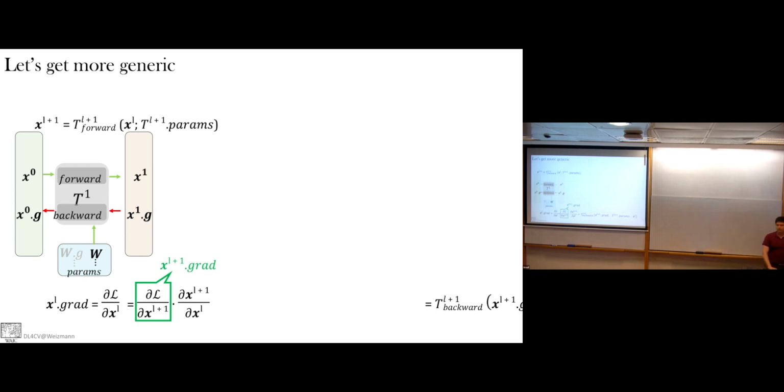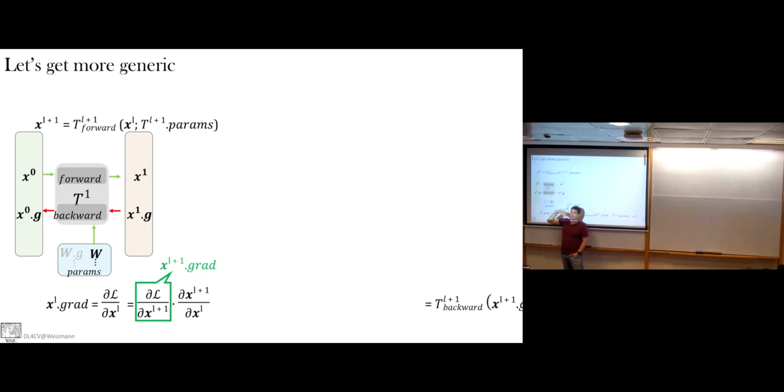Why will it depend on XL? Because sometimes, think about it as the gradient, you would want to define the backward function using this value. For example, if you have some transformation T that uses the input X to calculate something, it might be that the gradient also depends on it.